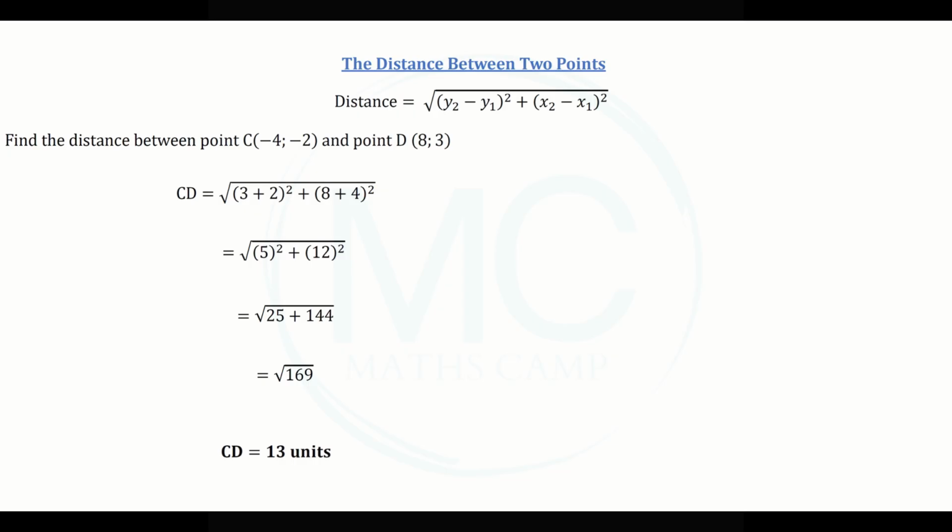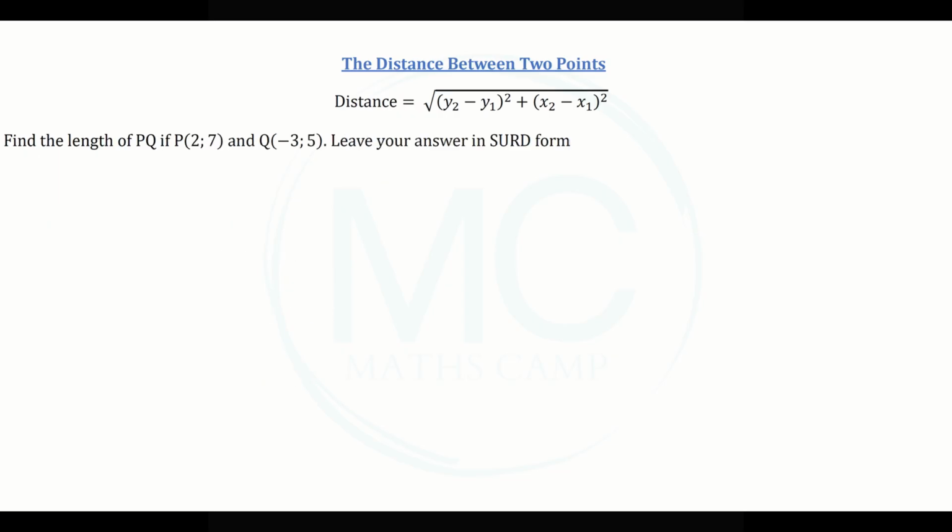Now 169 is a square number, so its square root, 13, is a whole number. But what if the value under the root isn't a square? The only way to find the value of the root without too much trouble is to use a calculator, unless we leave it as it is.